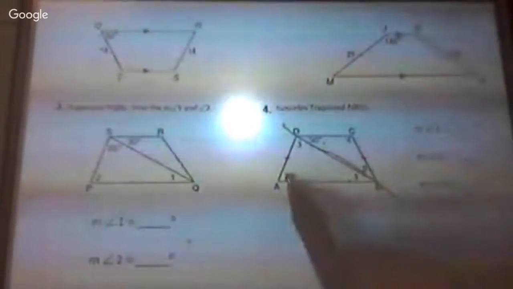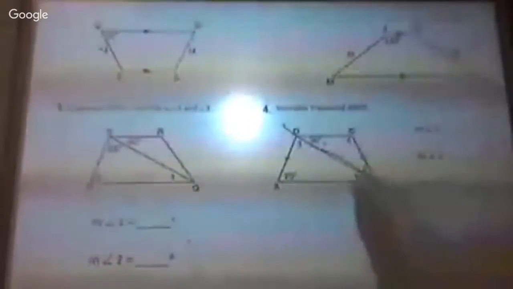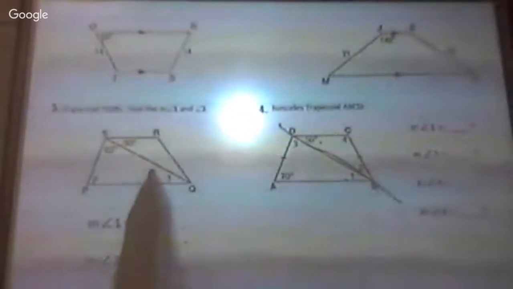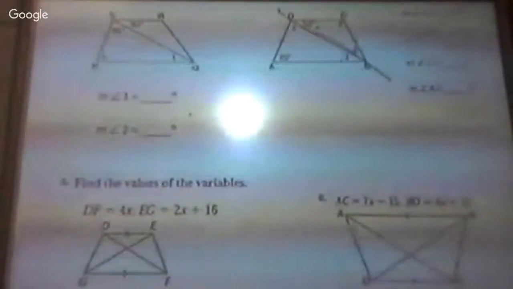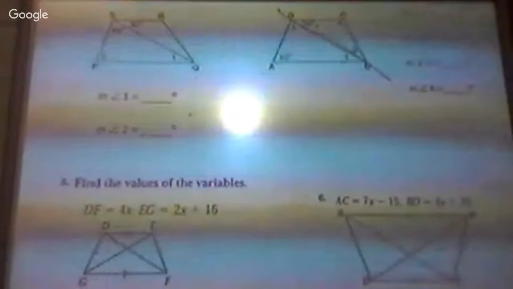And remember, the base angles are congruent in an isosceles trapezoid. So if this one's 50, you can find the measure of angle 2. Same idea for this trapezoid. And then either you're going to set these equal to each other. That's probably what I would do for 5 and 6. So let's work on this for a few minutes up until lunch.